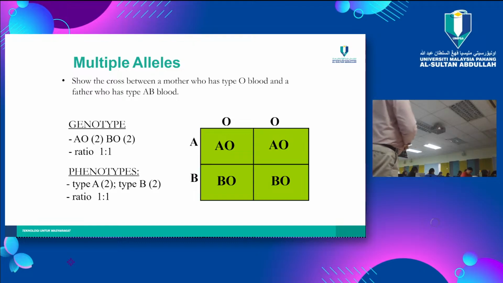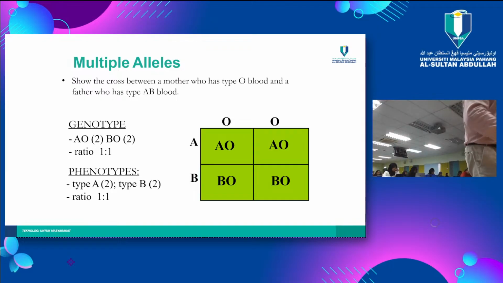Okay, so let's cross between these multiple alleles. Think about what we're going to expect if we know that the mother has O type blood and the father has AB blood.